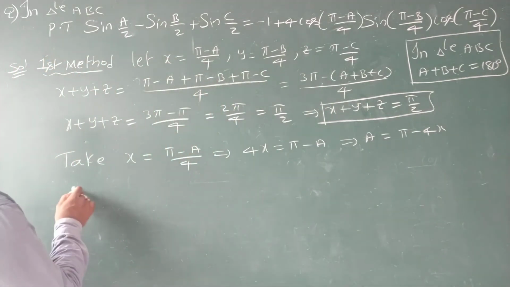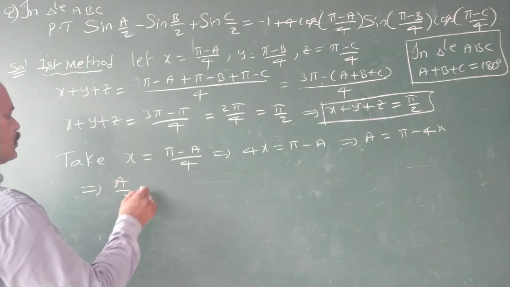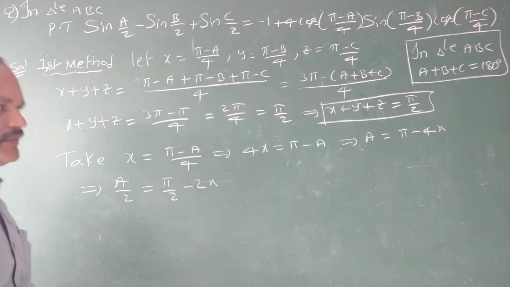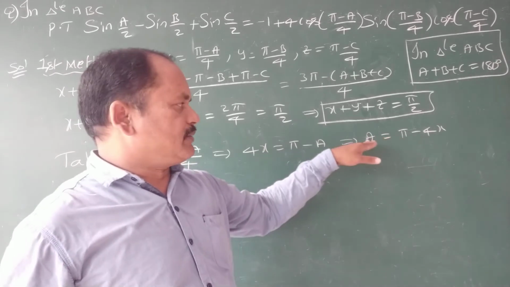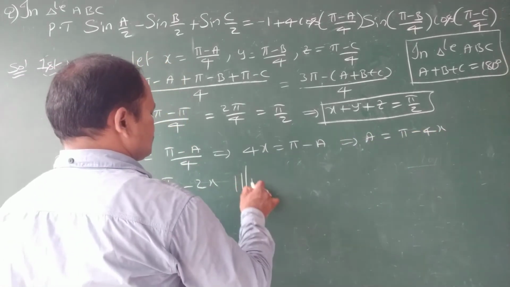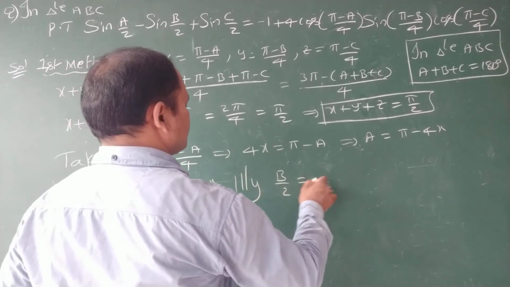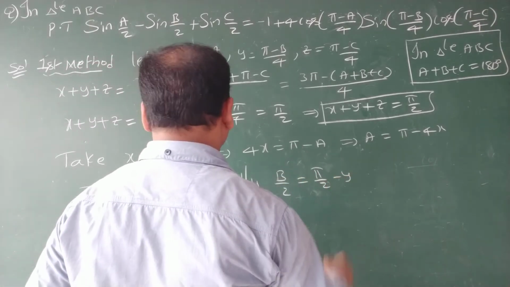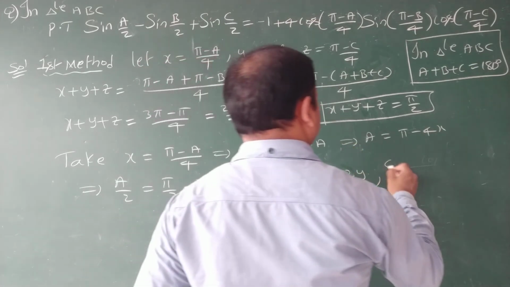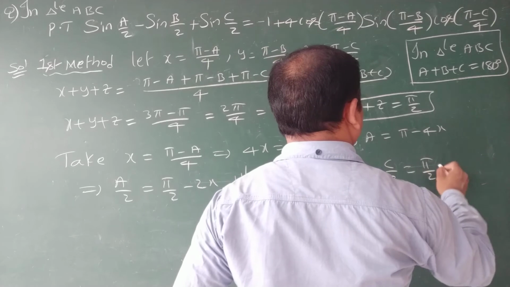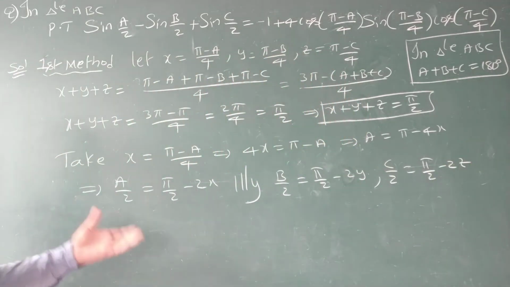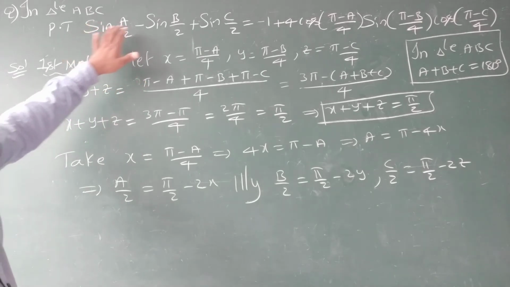Divided by 2, A by 2 is equal to pi by 2 minus 2x. Similarly, B by 2 is equal to pi by 2 minus 2y, and C by 2 is equal to pi by 2 minus 2z. That's all.